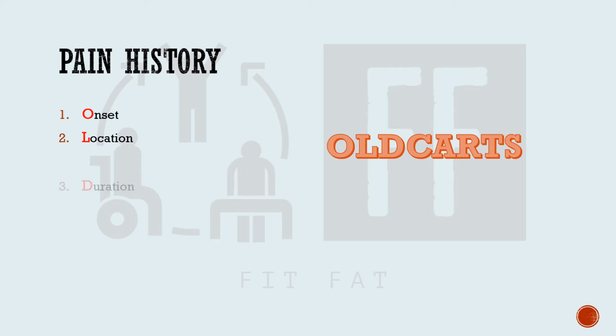Then comes your duration. Now for acute pain, the duration is around 7 to 10 days. For subacute pain, the duration is around 10 days to 7 weeks, and for chronic it is greater than 7 weeks.